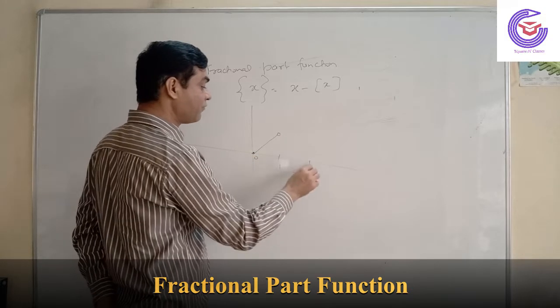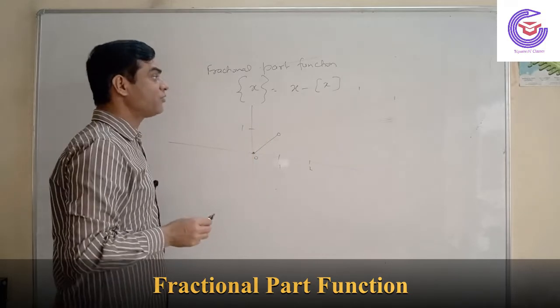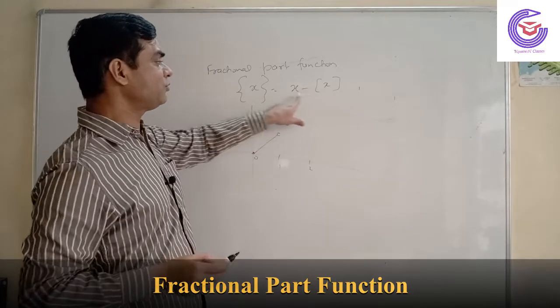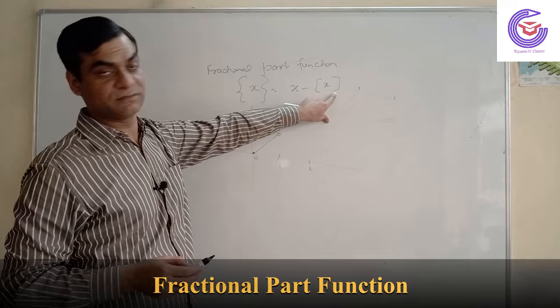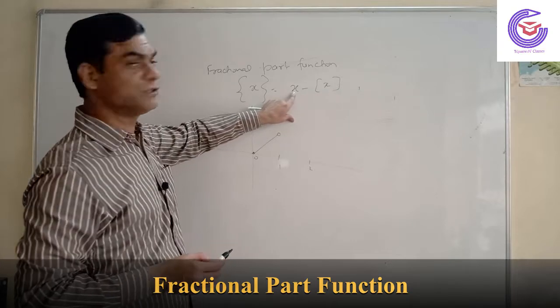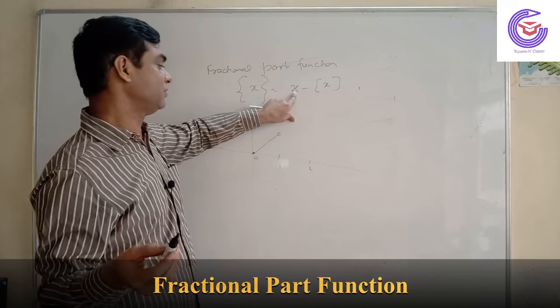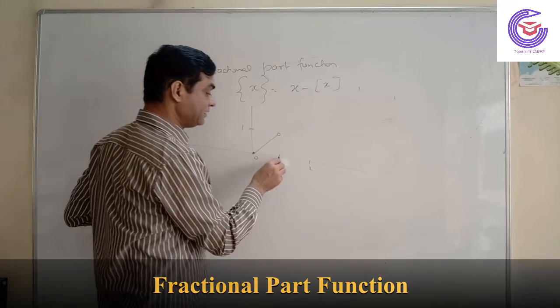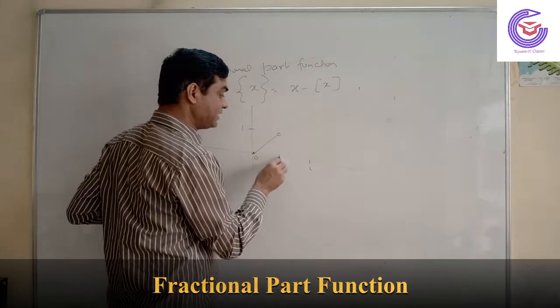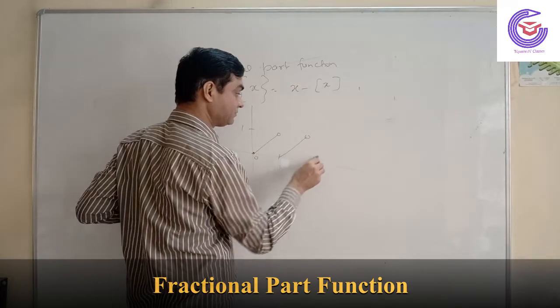From 1 to 2, the greatest integer value will be 1. Suppose you give 1.2, then 1.2 minus 1 is 0.2. So if you put all the points, the graph will look something like that.